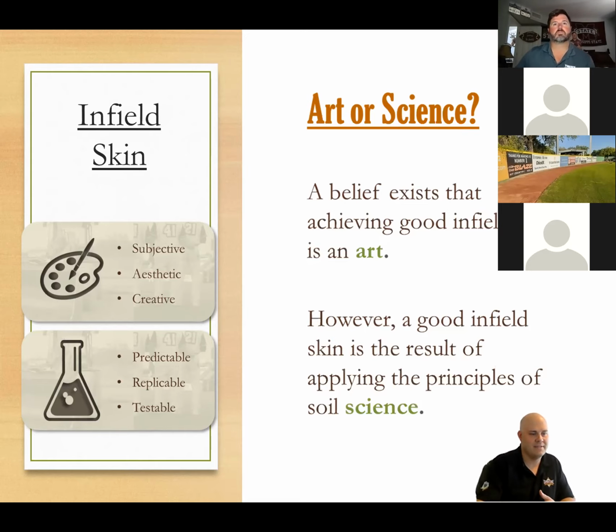It doesn't matter if it's leaving the door in Pennsylvania or in Phoenix. Those materials can be replicated because we are using soil tests to provide us the amount of sand, silt, and clay that we need to meet those levels.